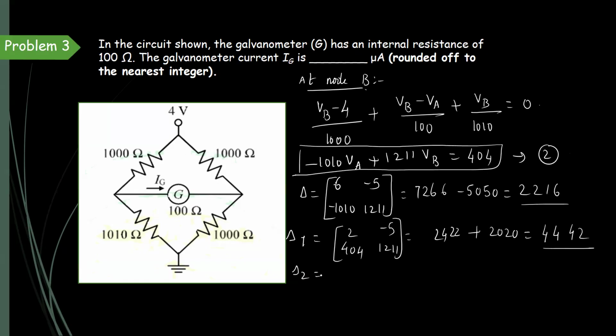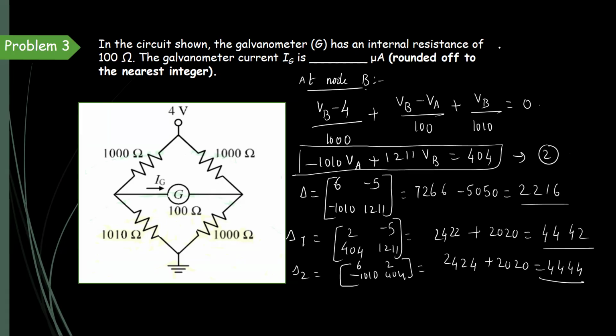And then delta 2, where the second column is replaced: 6 into 404, that is 2424, plus 2020, which is 4444. So what we need to find out?